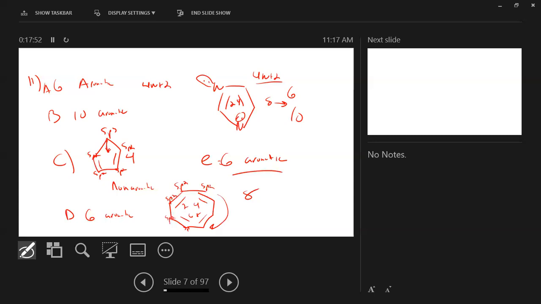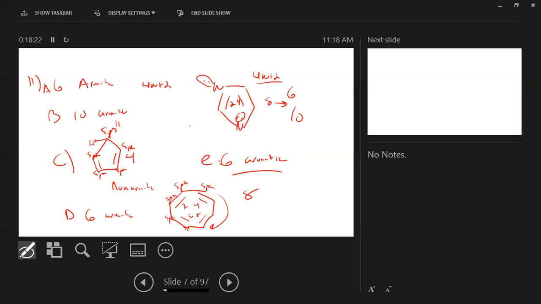So what I mean by that is, let's not think about it like that. Let's think about the hybridization of the carbon right here. We have an sp3 carbon right here, and that sp3 carbon is going to have a hydrogen coming out right here and a hydrogen coming out right here.